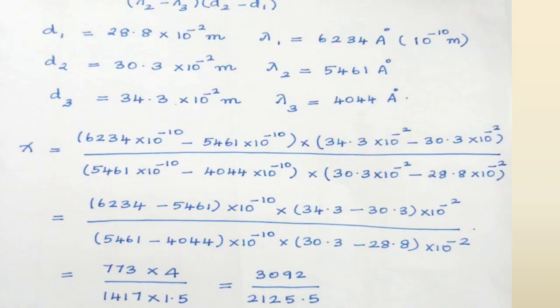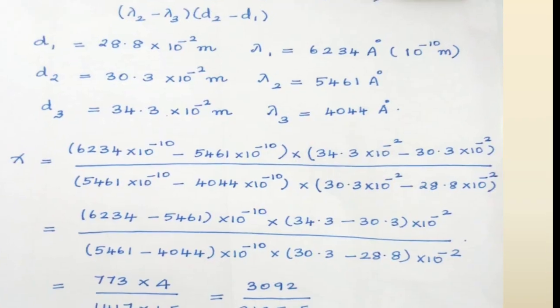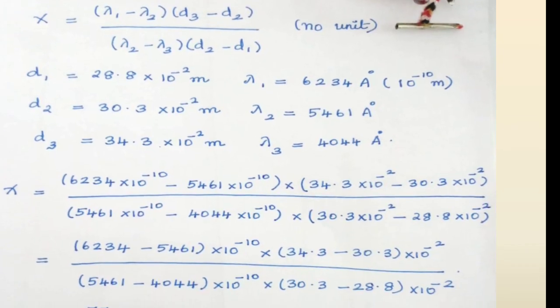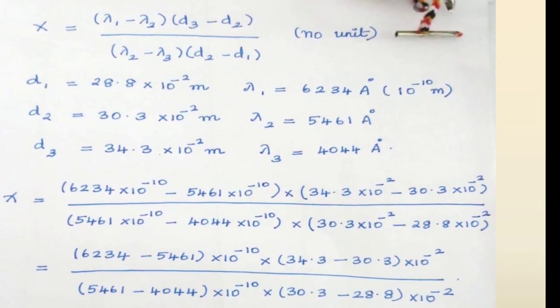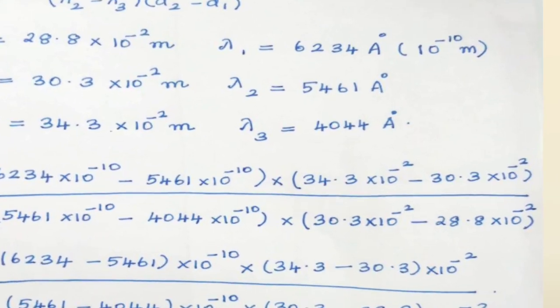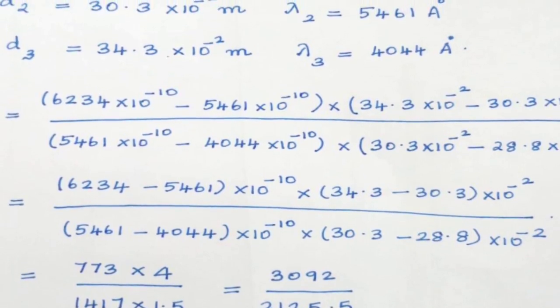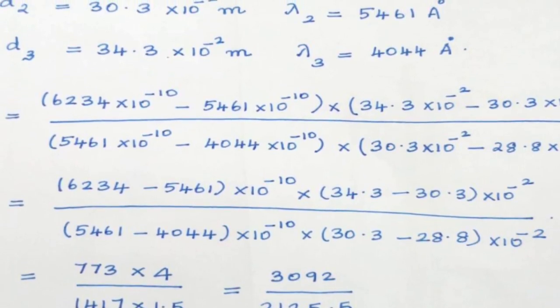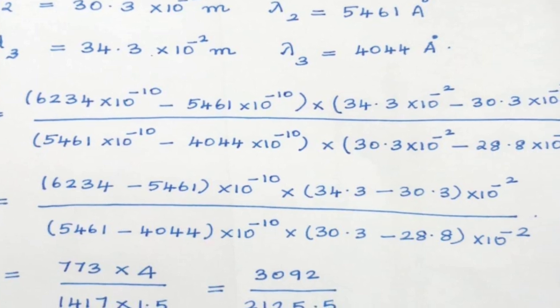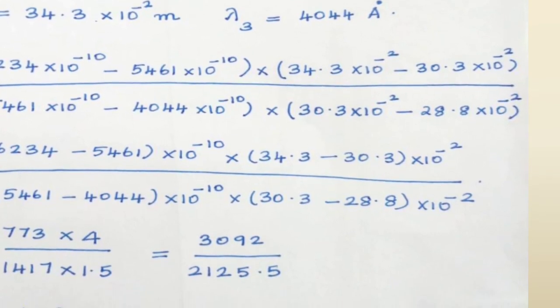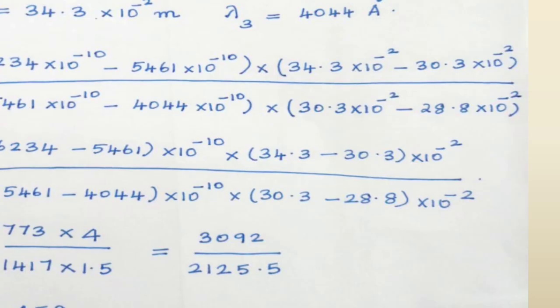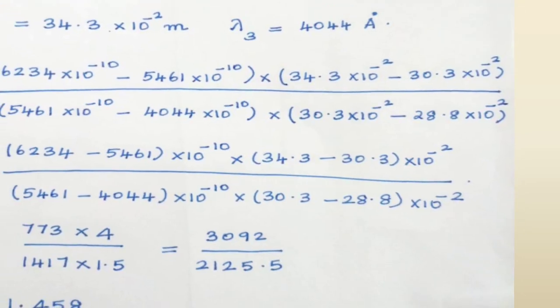Substituting the values, we get 6234 into 10 power minus 10 minus 5461 into 10 power minus 10, into the value of d3 minus d2, which is 34.3 into 10 power minus 2 minus 30.3 into 10 power minus 2. The whole is divided by lambda 2, which is 5461 into 10 power minus 10 minus 4044 into 10 power minus 10, into 30.3 into 10 power minus 2 minus 28.8 into 10 power minus 2.